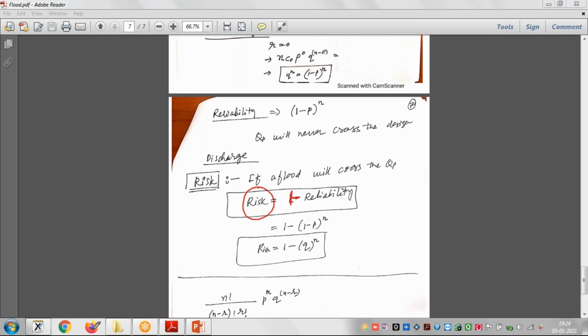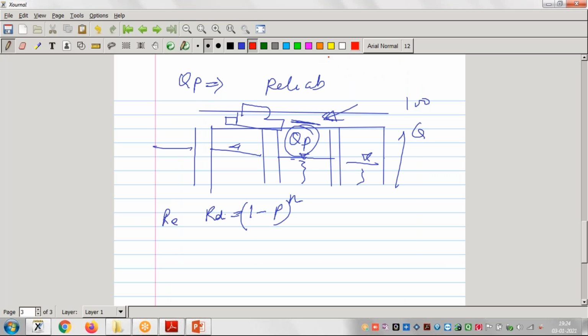In the example I gave, suppose this is the bridge, and one time the flood has crossed the value of this Qp, so the water is coming over the bridge.